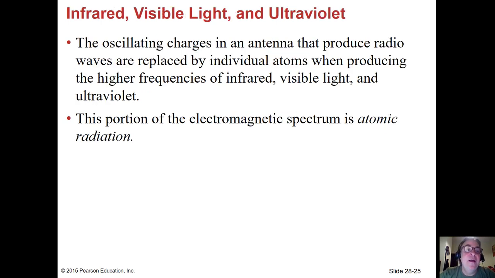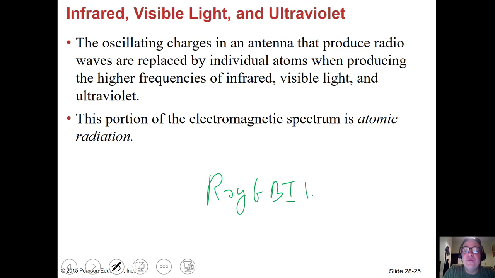Okay, infrared, visible light, and ultraviolet. Oscillating charges in an antenna produce radio waves that are replaced by individual atoms when producing higher frequencies of infrared, visible light, and also ultraviolet. So if you forget how to remember this, Roy G. Biv, this is the visible spectrum. So that's red, orange, yellow, green, blue, indigo, violet.